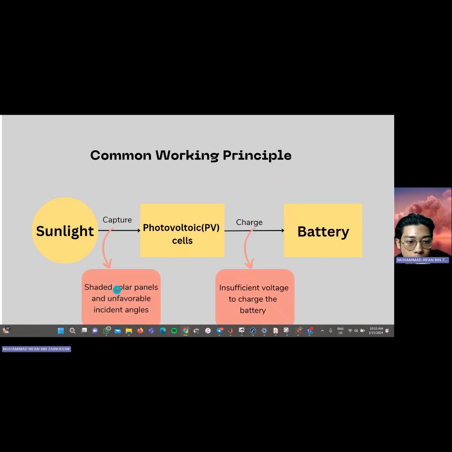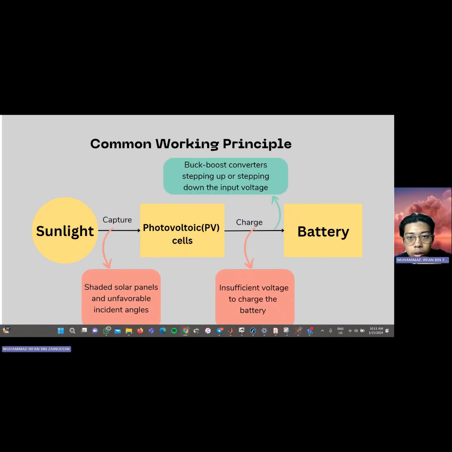Sometimes the amount of energy captured by the photovoltaic cells is not enough to charge the battery. This may happen due to shaded solar panels and unfavorable incident angles at particular times. This low energy will not be used to charge the battery, so it will be wasted. This is not as efficient as it should be.